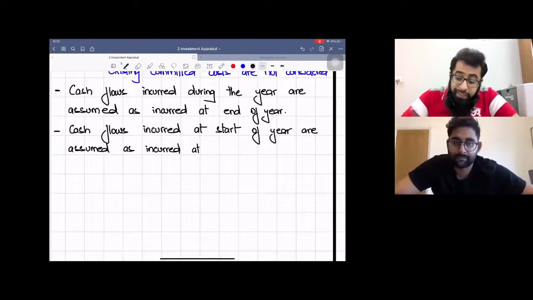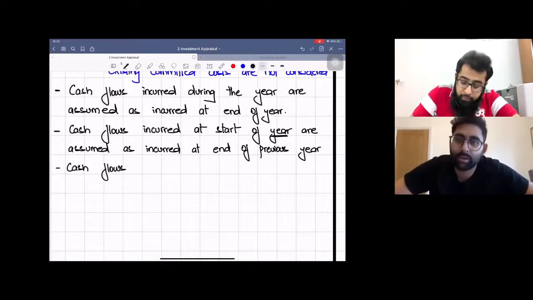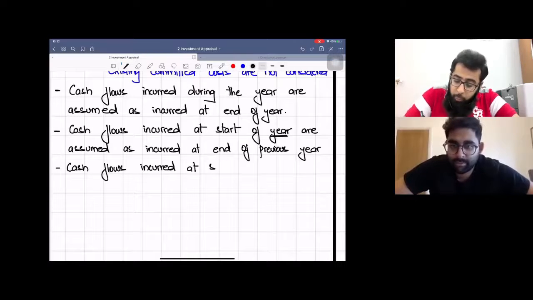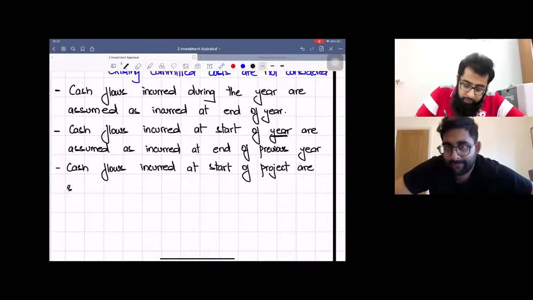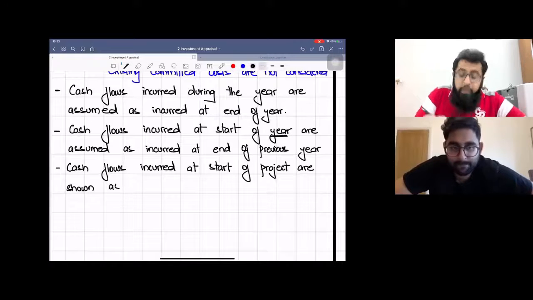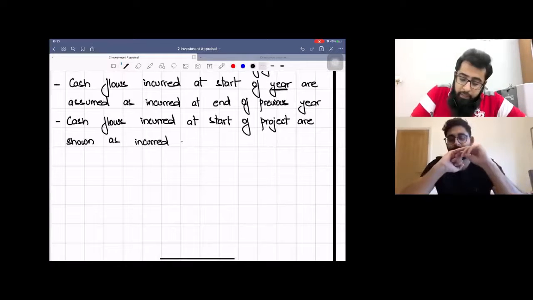So cash flows incurred at start of year are assumed as incurred at end of previous year, while cash flows incurred at start of project are shown as incurred in year 0. Year 0 means now.